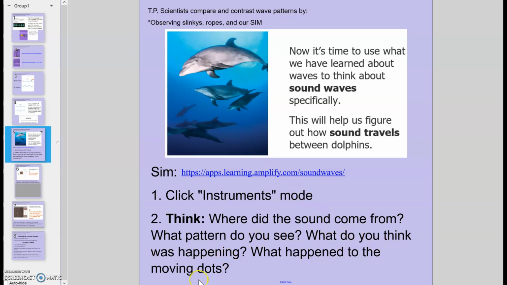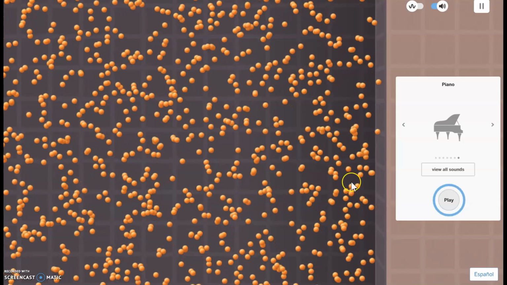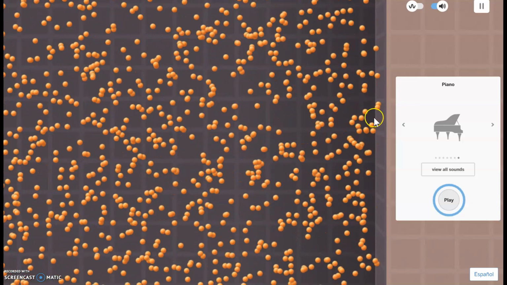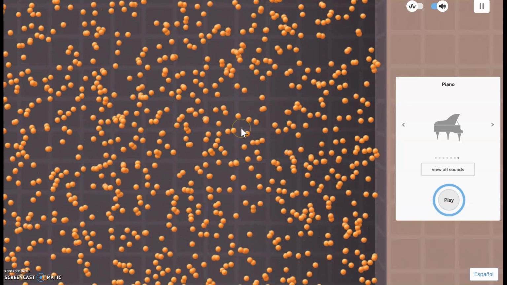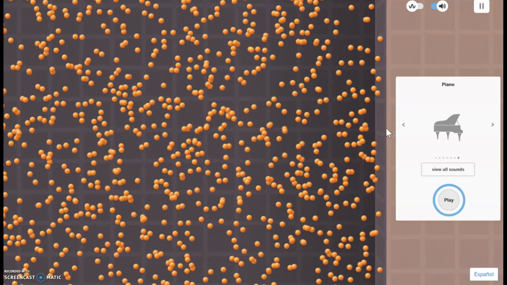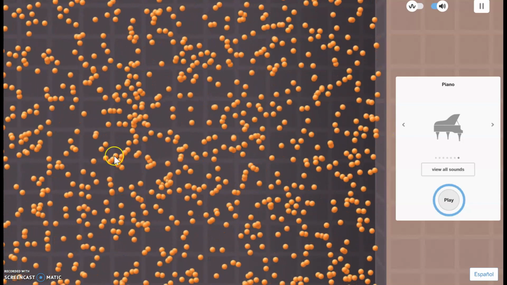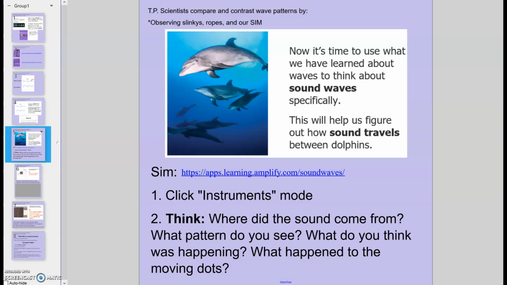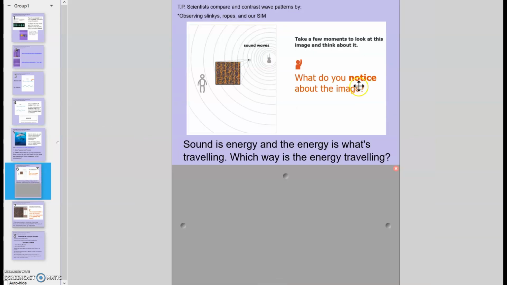What do you think was happening? Well, it looked like each dot or particle was kind of bumping into the next one, and it created a chain reaction that pushed everything across the screen. And what happened to the moving dots? I think they were bumping into each other.